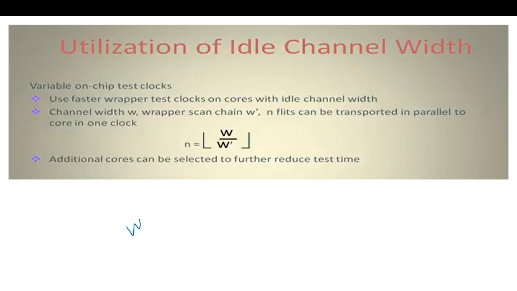Let's say W is equal to 32, where W is the channel width, and W dash is the wrapper scan chain.